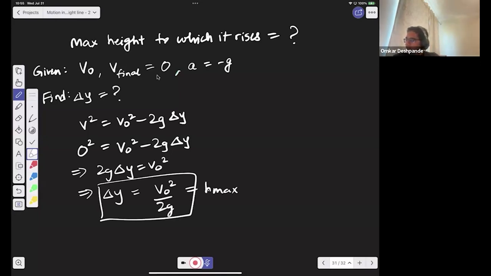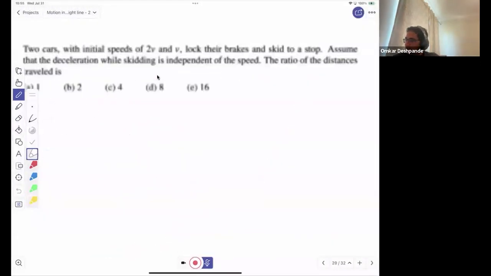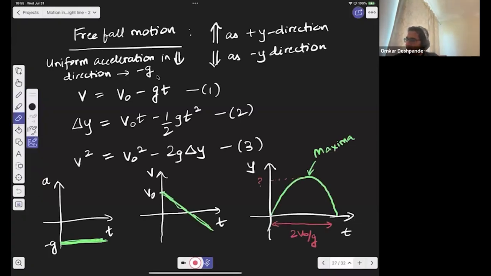v0 square by 2g. So I can go back to that graph and say, well, I know what this value is. This is going to be v0 square over 2g. Moreover, if it's coming back to my hand, I also know that this final value of the velocity will be minus v0.